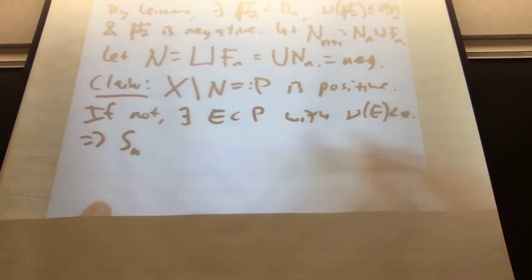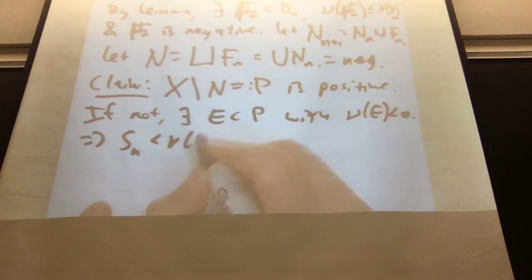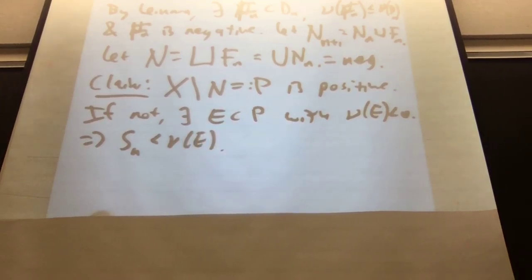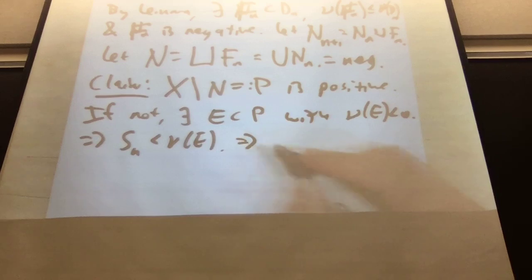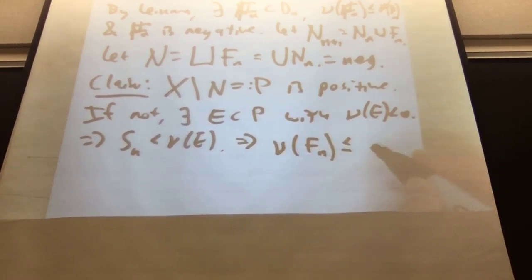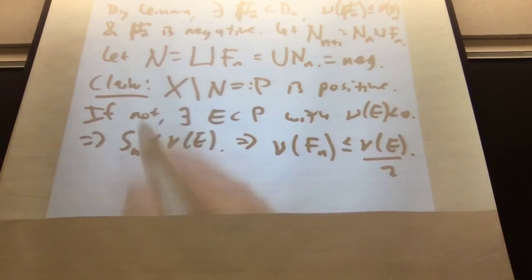So all of the Sn's are less than nu of E. I'm just running the same exact argument with all the signs turned the other way around, which implies the nu of all of the Fn's is at most nu of E over 2, and I guess I need this or negative infinity. But anyway, nu of E definitely isn't negative infinity, so then we're done.